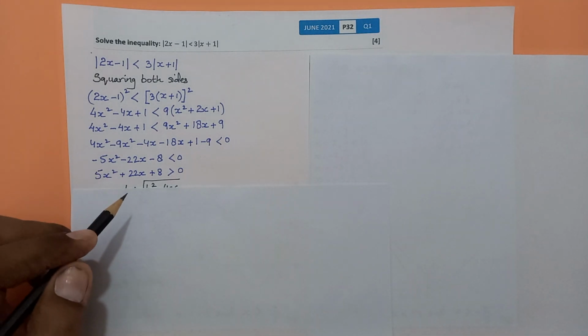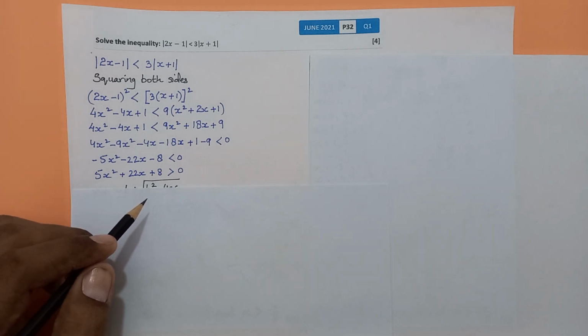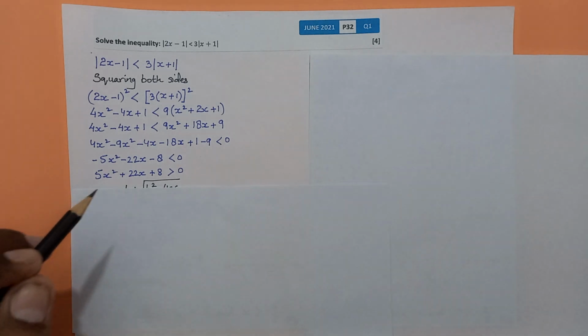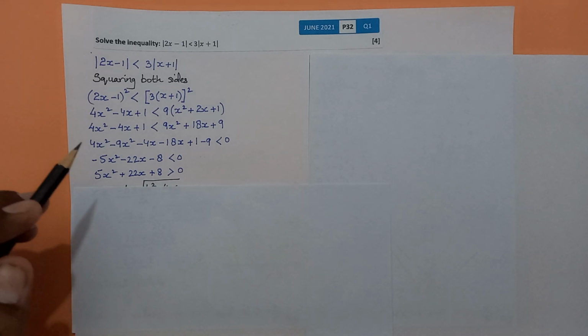The next step is to find the critical values, meaning the values that decide the set of values for the given inequality.